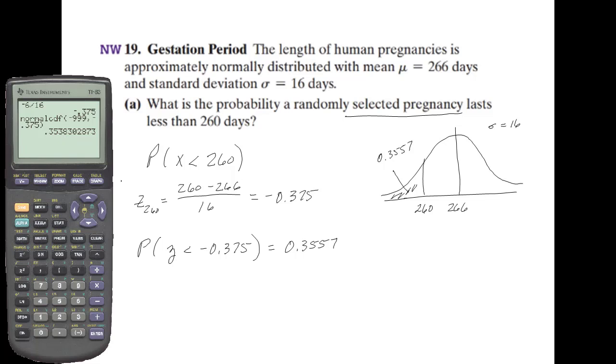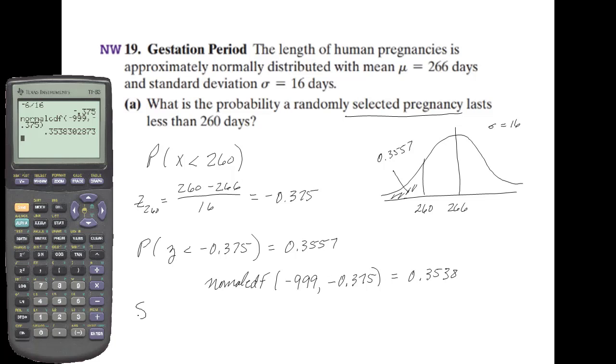So if I use a normal CDF, I enter negative 999, comma, negative 0.375, and that's equal to 0.3538. So that's fine. It's close enough, so I'm good with that.